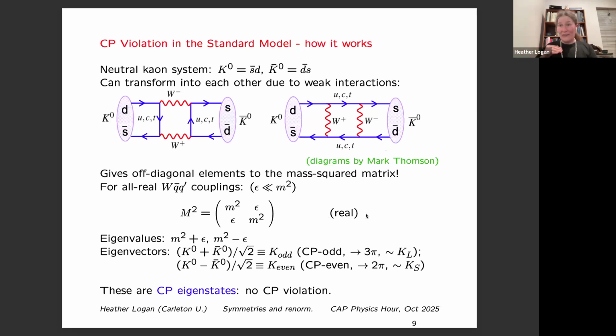Now, a 2x2 real matrix, you can calculate the eigenvalues, okay? When you have a matrix for which the diagonal elements are the same, adding some off-diagonal thing basically gives you a 45-degree rotation to the eigenvectors. So the eigenvectors of this are (1, 1) and (1, -1) with an appropriate normalization, right? And the eigenvalues are basically m squared plus epsilon or m squared minus epsilon, okay?